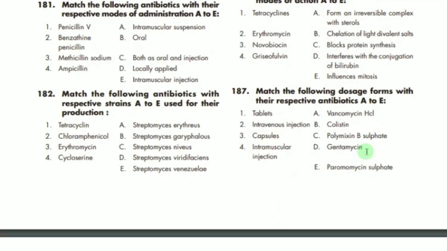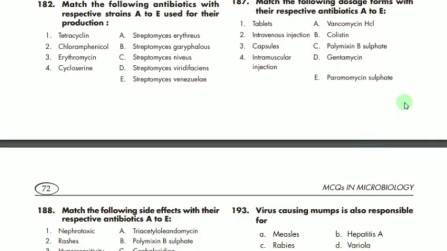Then we have the 187th MCQ, which says match the following dosage forms with their respective antibiotics. The first is tablet, and tablet is mostly used for colistin. Intravenous injection.